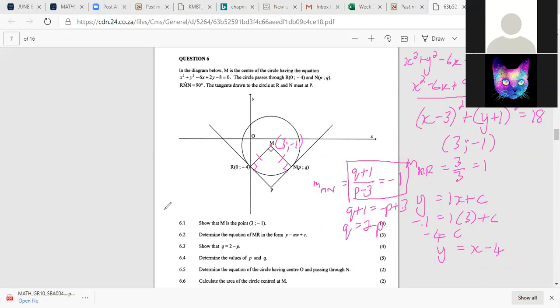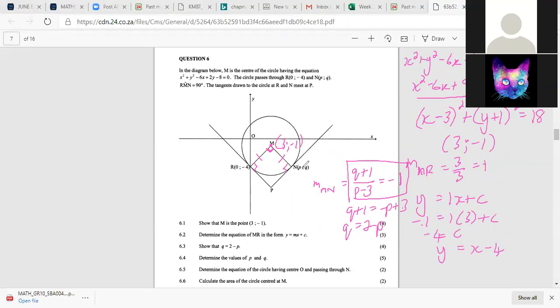What is your reason for the gradient of MN equaling -1? There's a 90 here. So for 90, you always have the opposite gradients for the lines. So the opposite gradient to 1 is -1. So this gradient is equal to -1.